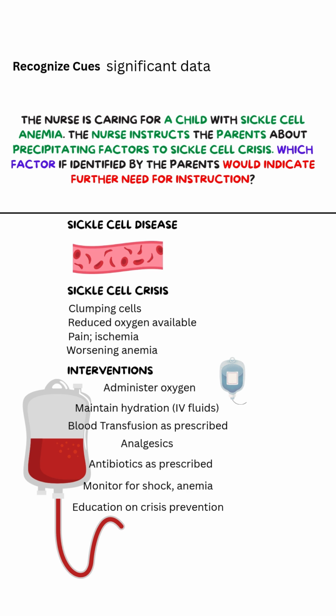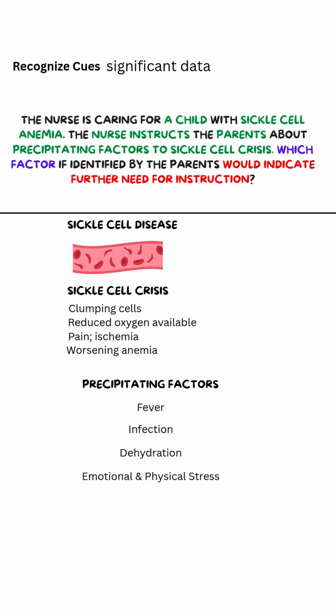If they have some kind of infection going on, you want to treat that infection with antibiotics, because we'll talk about how infection is one of the precipitating factors to sickle cell crisis. So you want to treat that infection. You want to assess and monitor for shock and anemia, and you want to educate on crisis prevention.